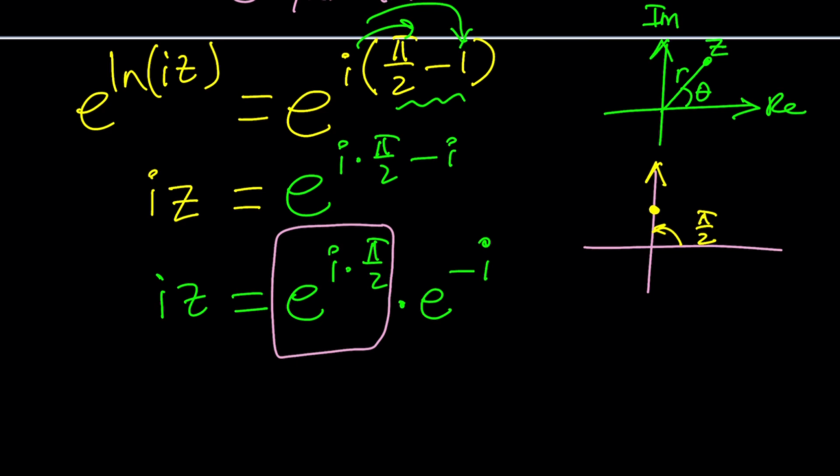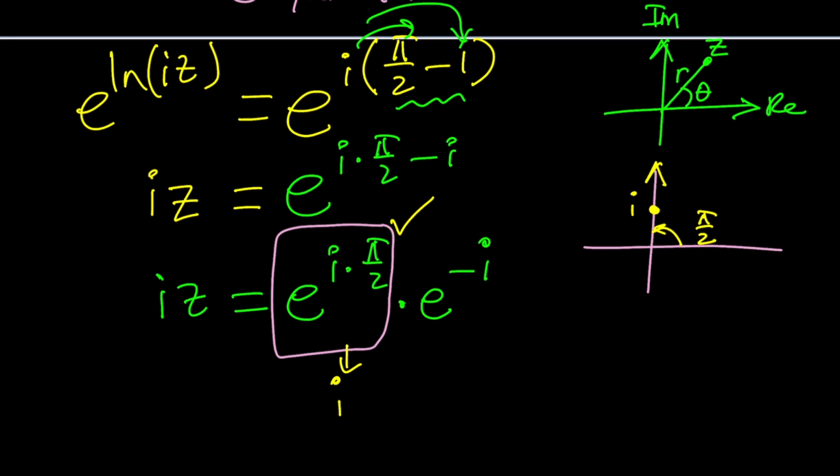You're 1 unit away from 0, but in the vertical direction, and that is just i. Make sense? So this is i, and i has infinitely many representations because of the multi-valued nature, but this expression right here has a single value, and it's i.